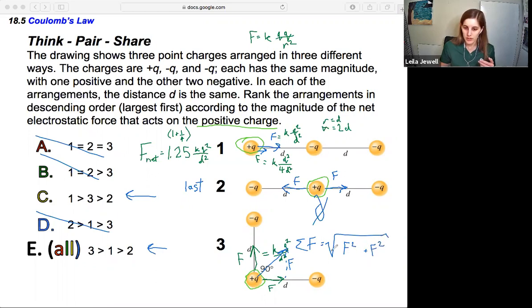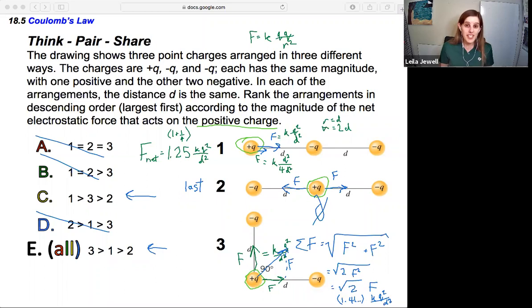Or in other words, the square root of 2 times the force squared, where that force is just k q squared over d squared. Or we could write that as just the square root of 2 times the force. The square root of 2, it turns out, is 1.41, times this k q squared over d squared. I'm sorry I'm getting so low here.